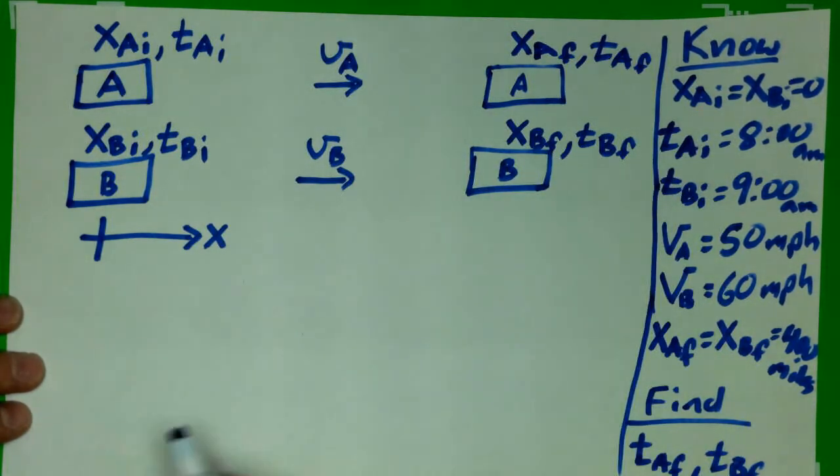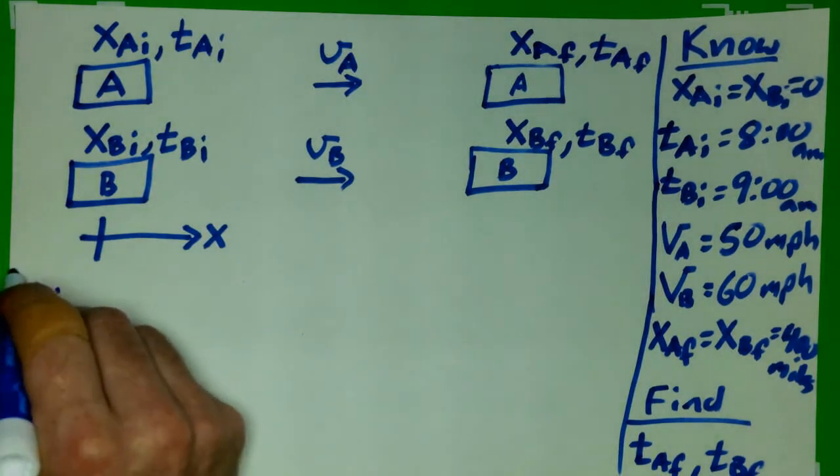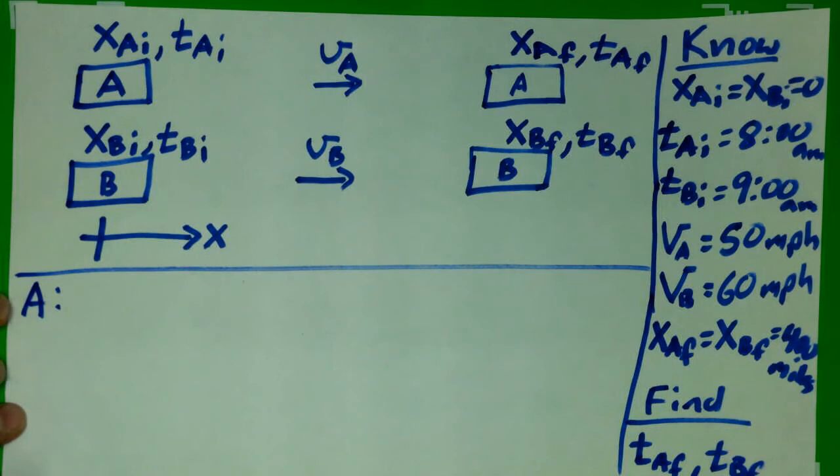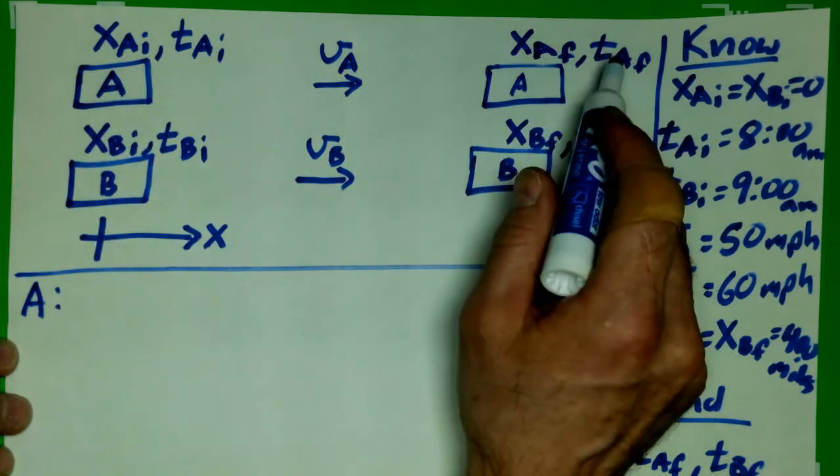So now we can start solving. Let's start with A. I'll draw a line here and see what this algebra gets. I'm trying to find the final time.